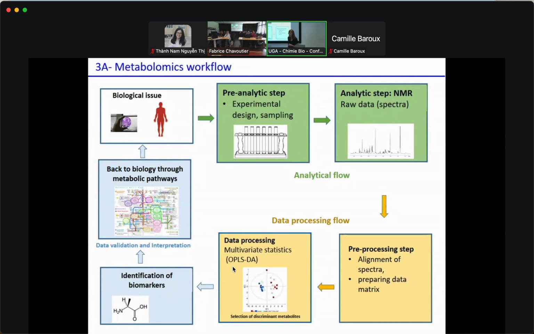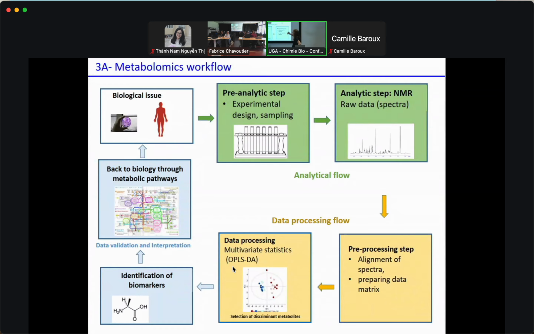These are the metabolites which differentiate one state from another, or which allow a diagnosis, a prognosis, etc. This step is also very important to validate the biomarkers that we have found and to interpret them. So there are specific tools to understand the metabolic pathways, in which part of the graph the dysregulations are located, and what that means.